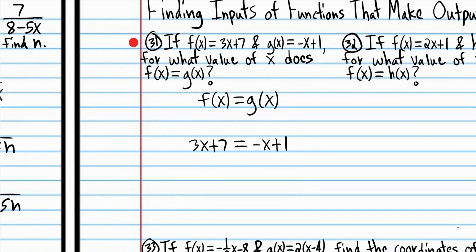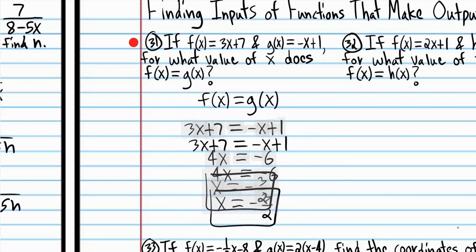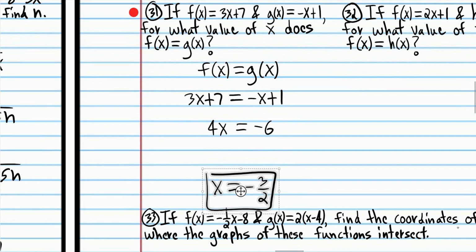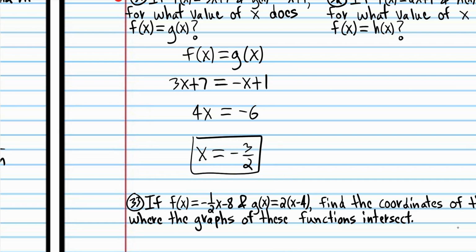So I'm going to add x to both sides of the equation and subtract 7 from both sides of the equation, and then I'm going to divide both sides by 4, and we get negative 3/2, and you're done. So again, all you have to do is solve that equation. You can do that in as many steps as you want to, but at this stage of your math education, you can probably do that mostly in your head.